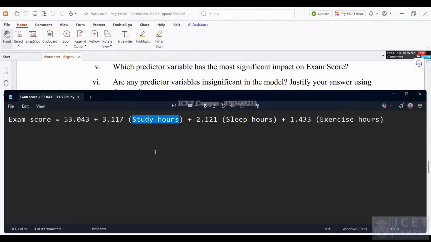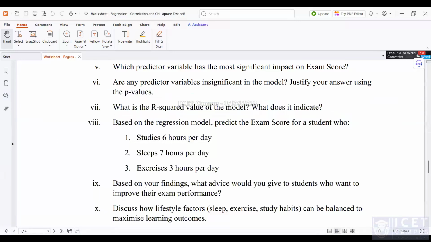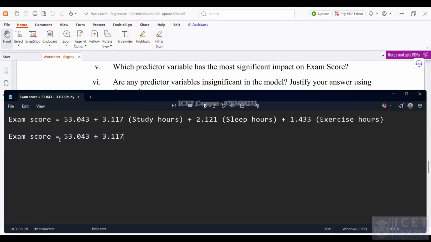So we have to predict the exam score of a student. We take 53.043 as the constant. Then studying 6 hours per day, 3.117 multiplied by 6, because that student studies 6 hours per day.